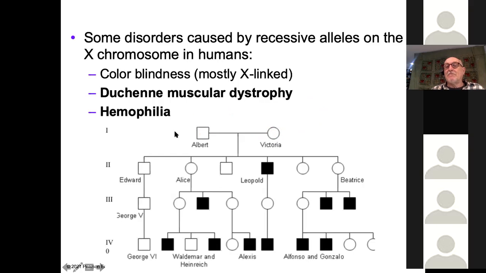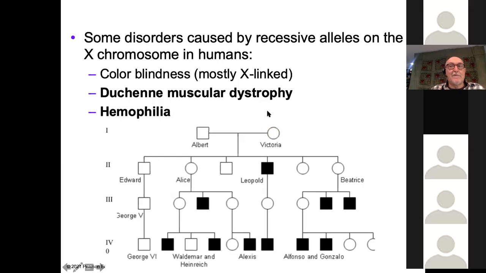Her husband Albert, his family had no hemophilia in it at all. This condition of hemophilia is a defect in the clotting mechanisms of the blood, and it is inherited as an X-linked recessive gene. So it is believed in this family to have originated here.